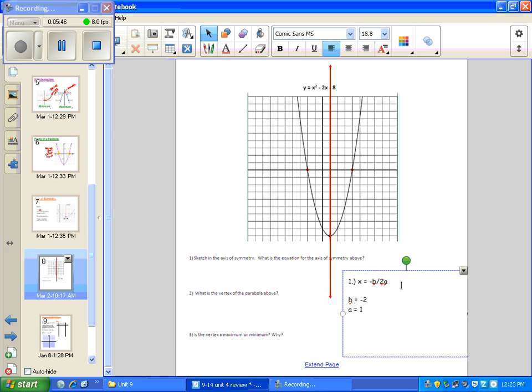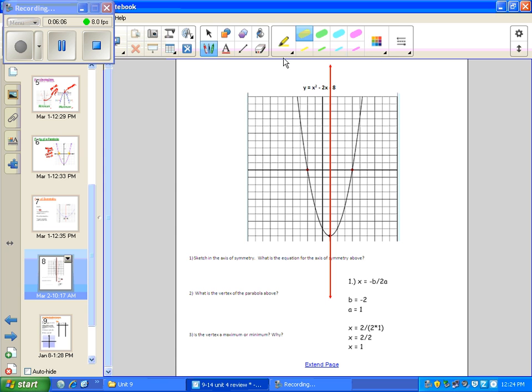So if I plug in, I get x is equal to 2 divided by 2 times 1. So I get x is equal to 2 divided by 2. I get x is equal to 1. And then you can see that this line is drawn right here at x is equal to 1. So that would be the axis of symmetry.